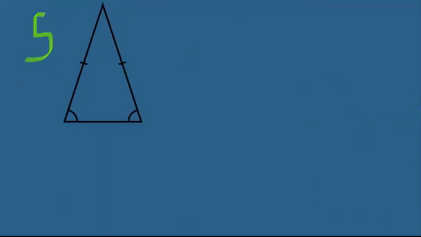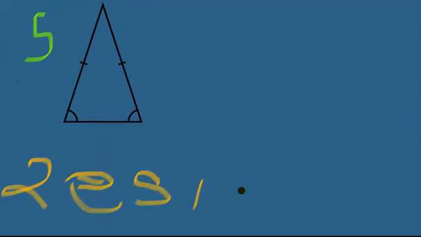Like we did with question number 3, we would just say that they have two equal sides. 2ES, two equal sides out of 3. They have two lines to show that they have two equal sides. So 2 lines and 2 equal sides out of 3 sides.